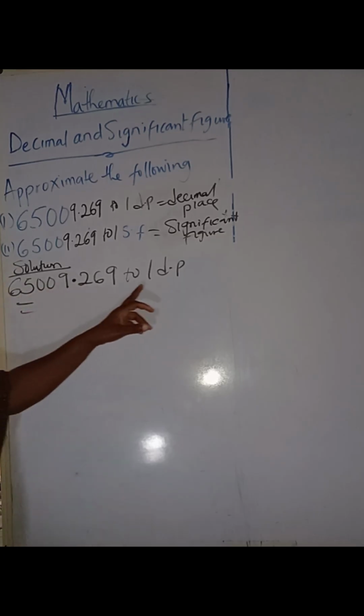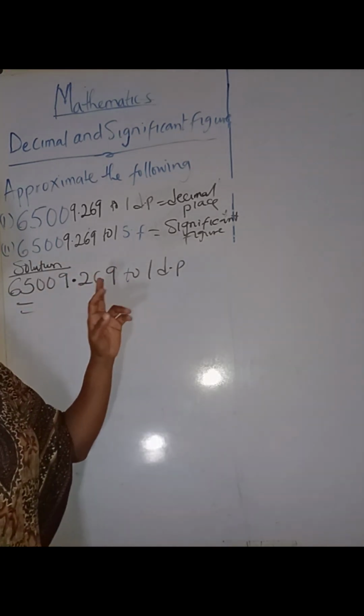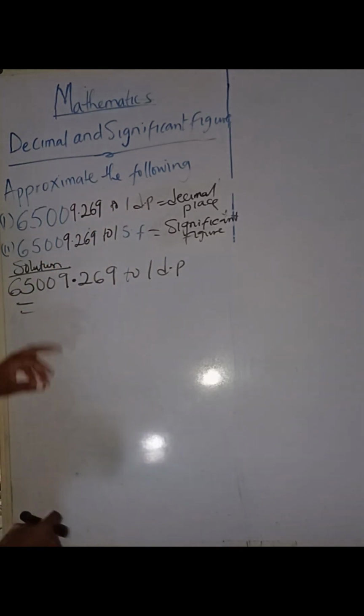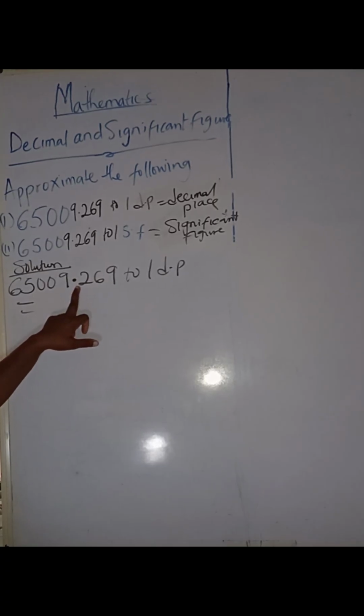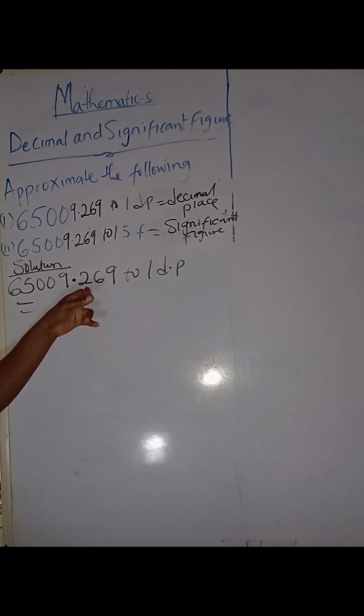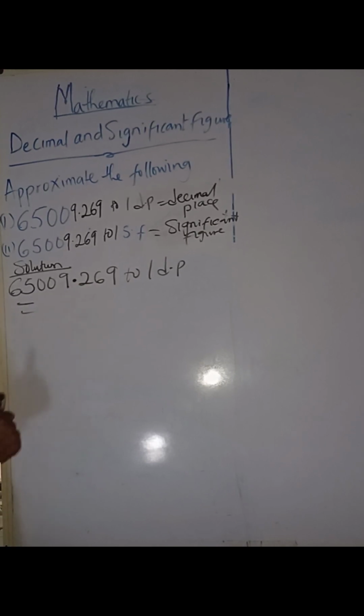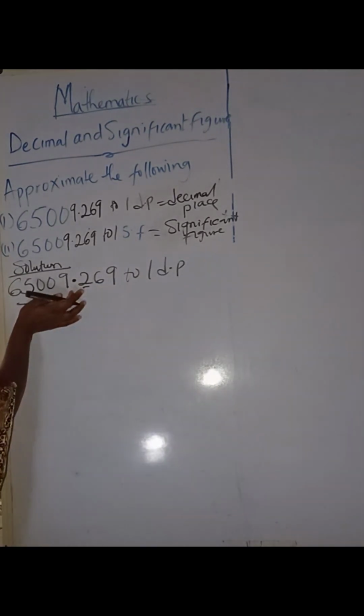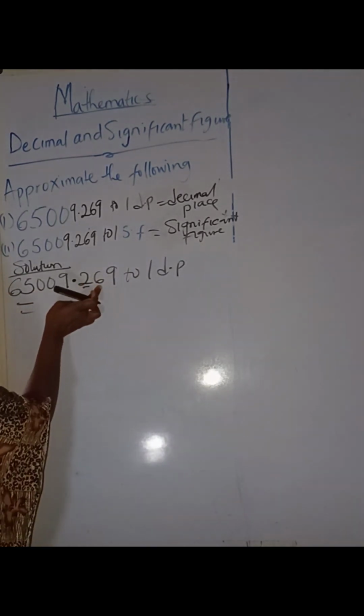So now the question asks us to approximate to one decimal place. This is our decimal point. We are approximating to one decimal place, so this is where we are working, on the 2. If it's two decimal places, it will be 26.